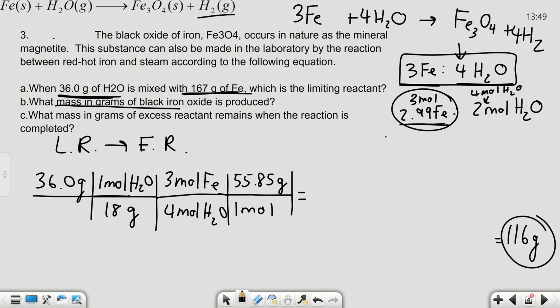What this tells me is that I will use 83.2 grams of iron. I will only use 83.2 grams of iron at the end there.